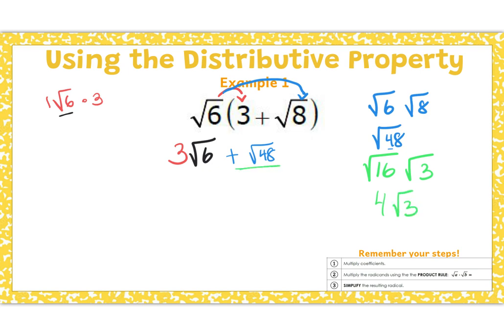So this 48 really turns into 4 square root of 3. And I'm going to bring down. So what I would have is an adding and subtracting problem. However, here I do not have the same radicand. The radicands are 6 and 3. They are not the same. So this would be my final answer.